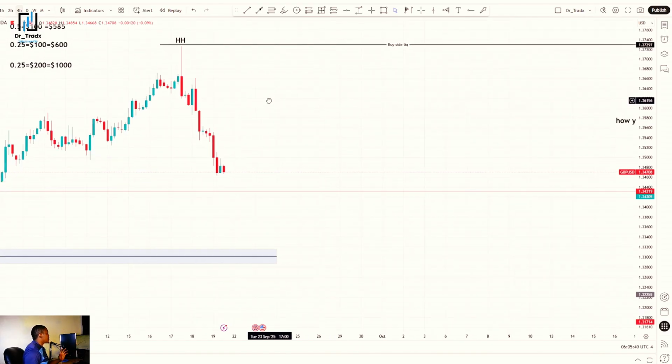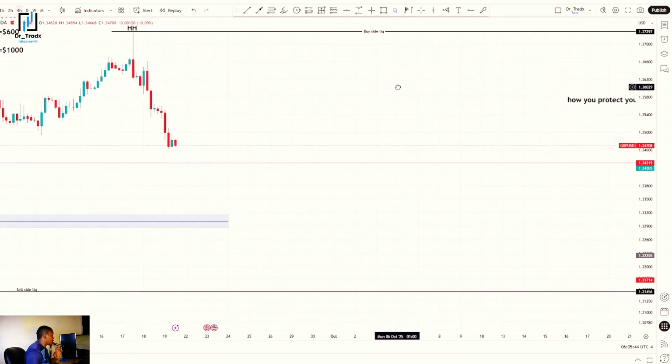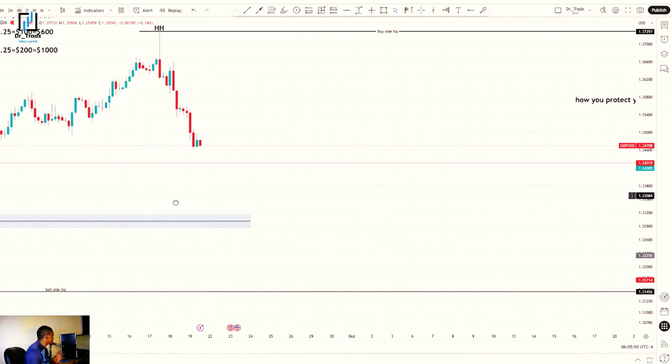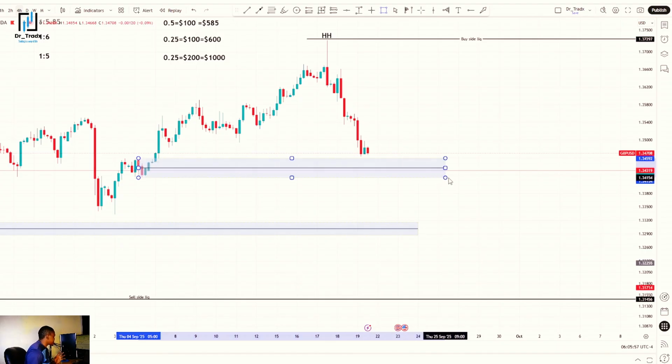For example, as I said earlier, assuming you've done your analysis, and I'm going to use this chart because I used it yesterday. Now, you have your entry levels. For example, you identified there was an order block around here. I'm using GBP USD.